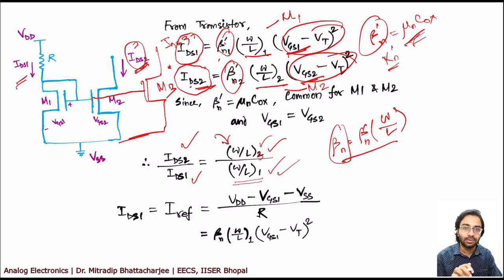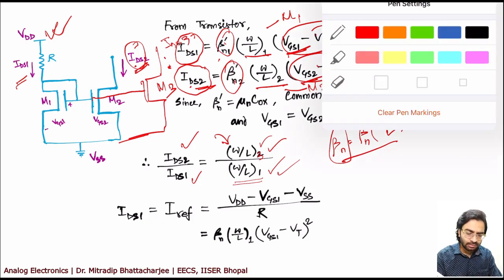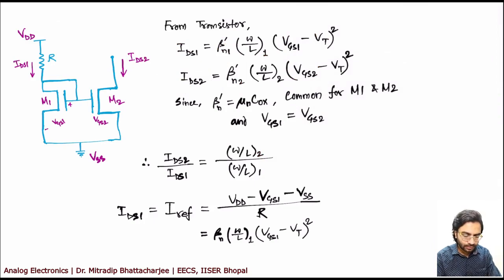So this circuit will provide you the advantage of biasing different parts with different values with the same control. So maybe here it is IDS1, here it is 2 IDS1, 3 IDS1, something like that. So this biasing is important to know, and in many circuits people use this kind of biasing. Okay, so this is called your current mirror circuit.